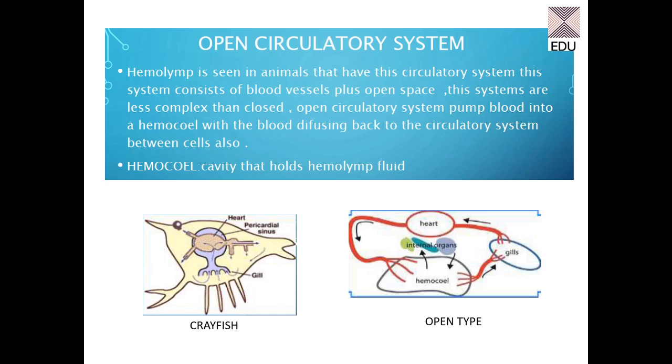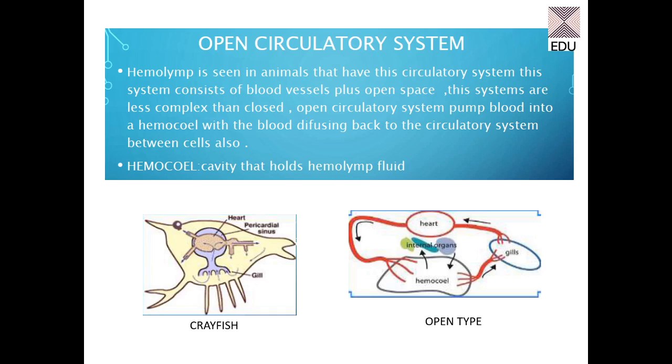Now, what is an open type of circulatory system? First of all, in these invertebrates, we call the blood hemolymph. Hemolymph is seen in animals that have this type of circulatory system. And this system consists of three things.